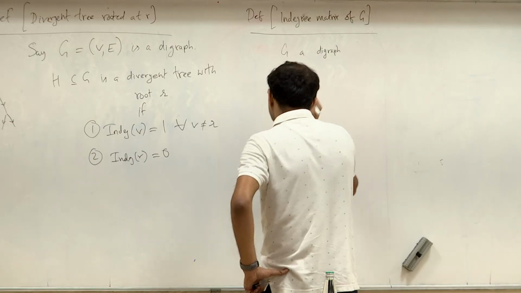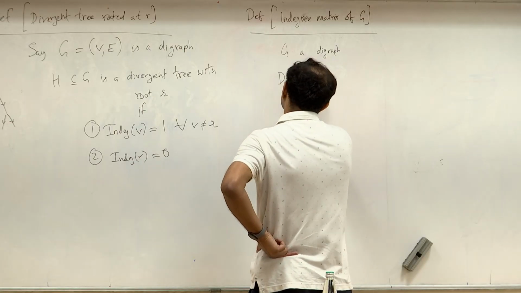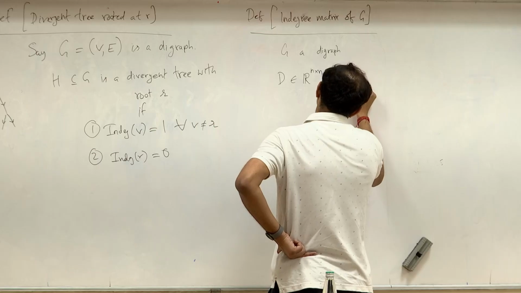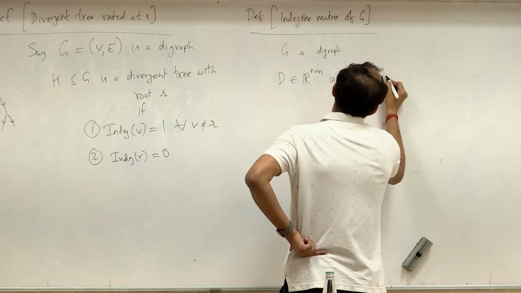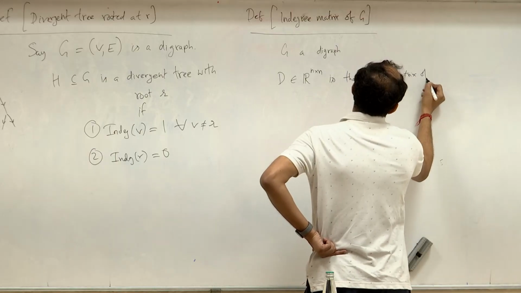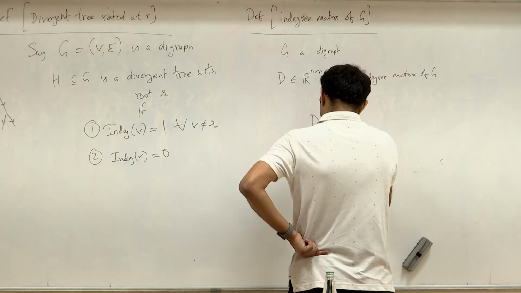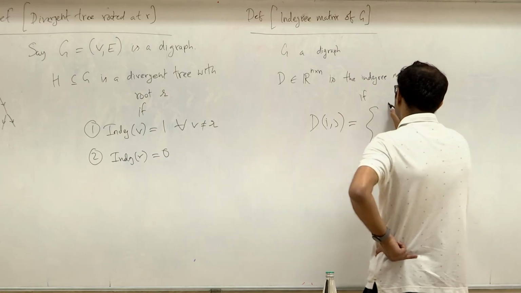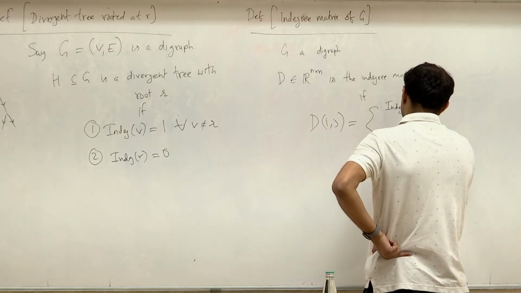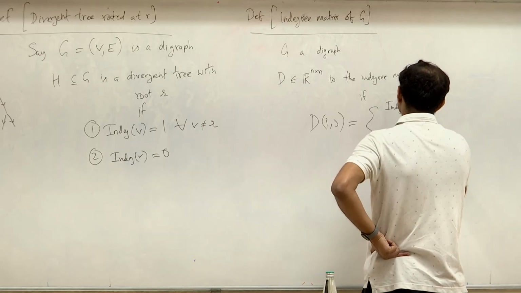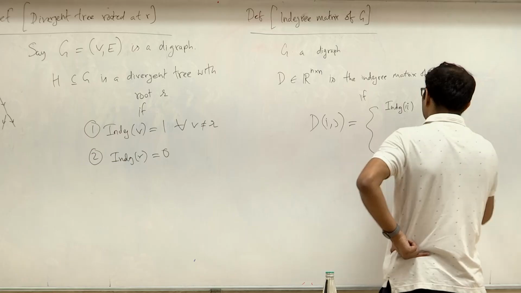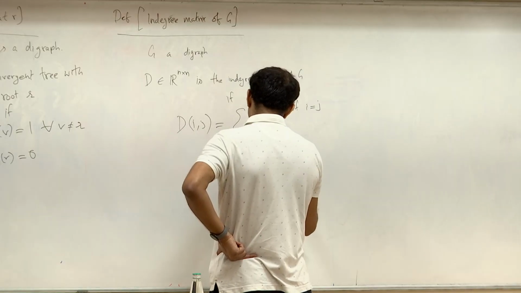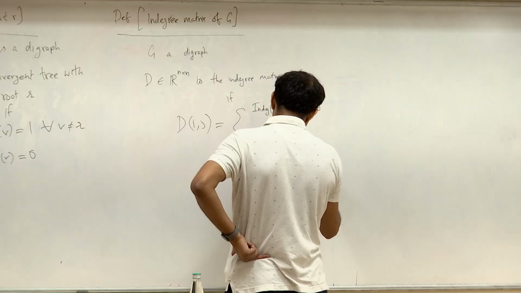D is the in-degree matrix of G if D records the entries in the following manner: Dij is equal to the in-degree of I if I equals J. So the diagonal elements just record the in-degrees. The off-diagonal elements just include the negative of the number of edges from I to J.